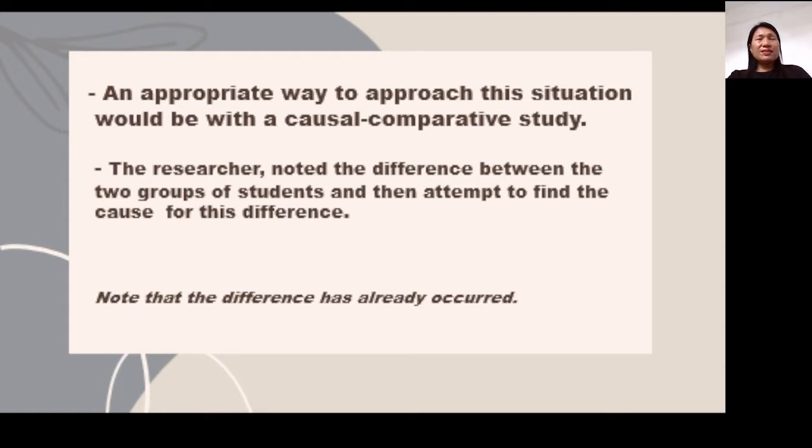Note that in this type of research, the difference has already occurred, and the difference that is being considered here, which is the outcome or the effect, is considered in this research as the dependent variable.